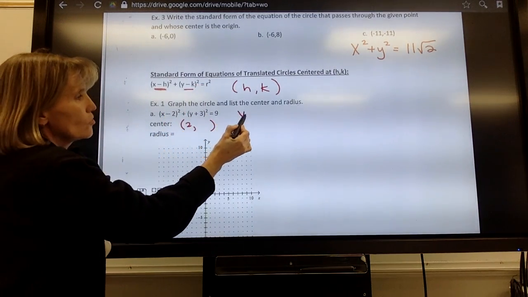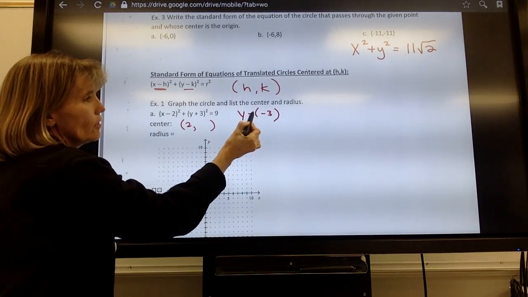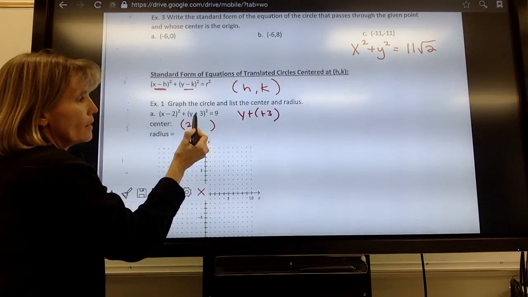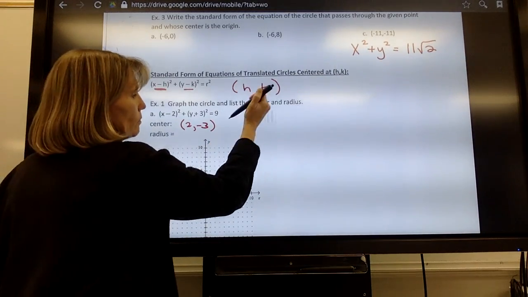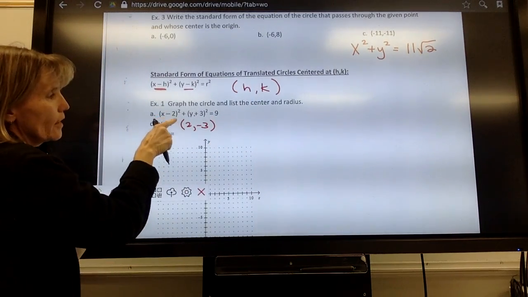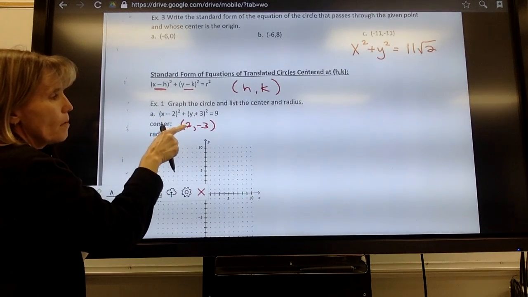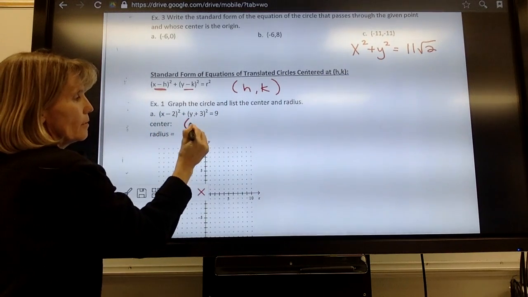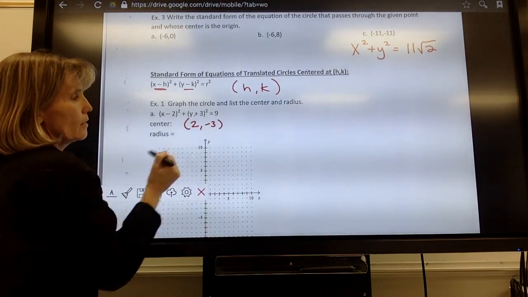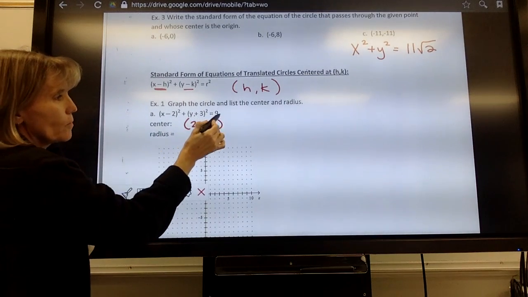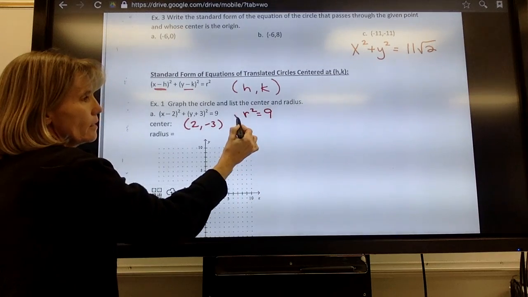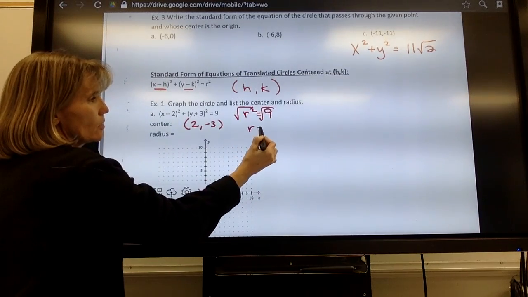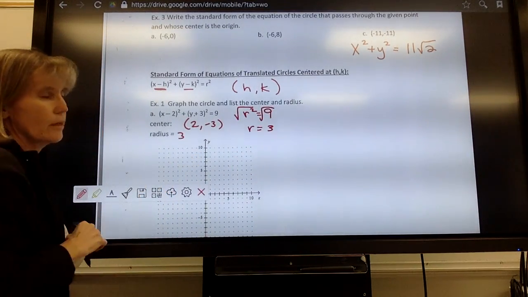Well, you would have to subtract a negative in order for it to become positive. So this is going to be a negative 3. So you can kind of look at this and say, what's going to be the opposite sign? This is going to be a positive 2, and that's going to be a negative 3. And then the radius, remember this value is r squared. So r squared equals 9. If I take the square root of both sides, r equals 3.